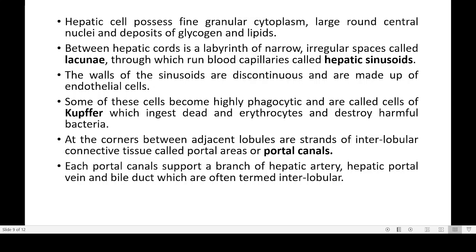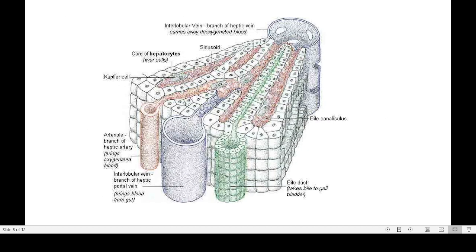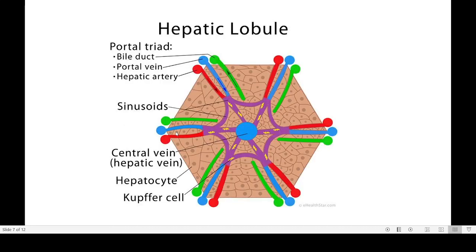At the corner between adjacent lobules, we find strands of interlobular connective tissue called portal areas or portal canals. Here there are three canals placed together, and that is known as a portal triad. See, these are the three canals.